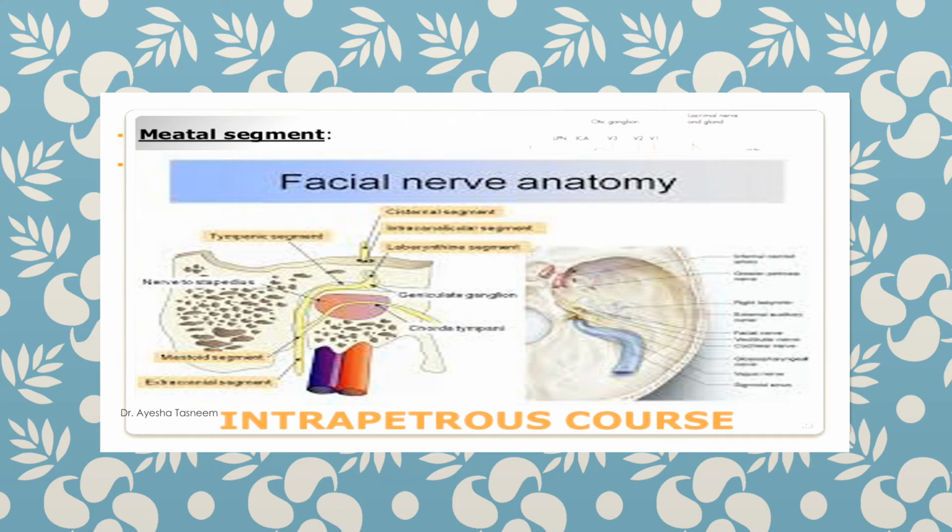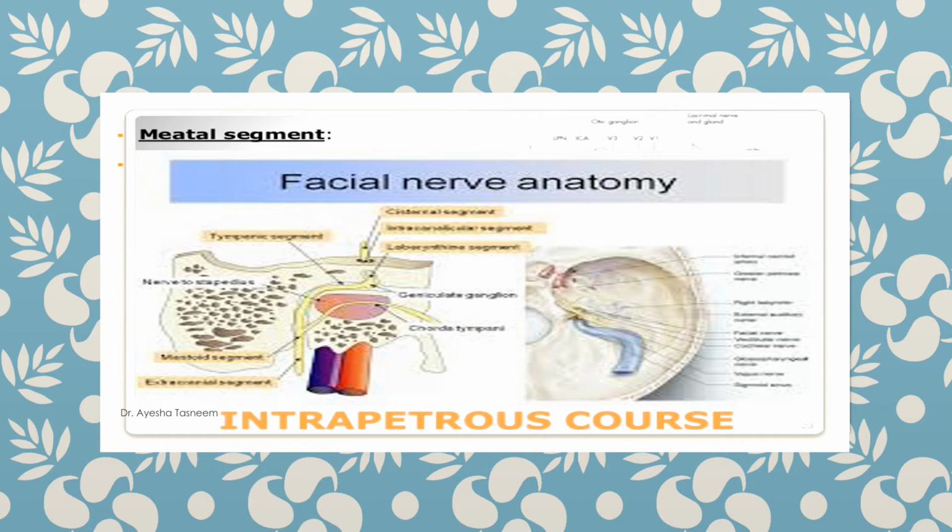Here you can see they are entering into the internal acoustic meatus. This is the internal acoustic meatus, and the nerve is entering through this foramen. It is in the internal acoustic meatus where the motor root is lodged in the groove on the anteroinferior surface of the vestibulocochlear nerve, but the sensory root separates them.